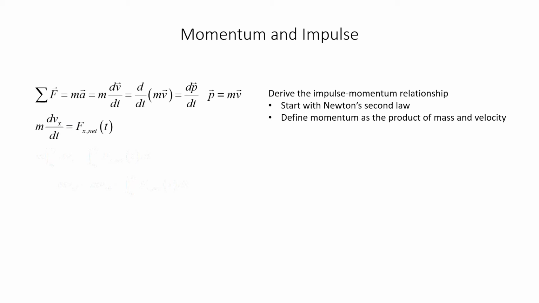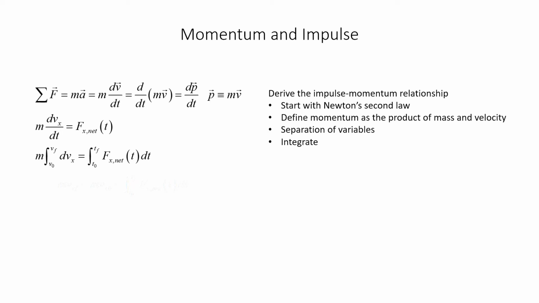Let's work with a one-dimensional example, just in the x direction. Here we have m dvx/dt equals the net force as a function of time. We've written this as a scalar equation because we're only in one dimension. Now let's do separation of variables.